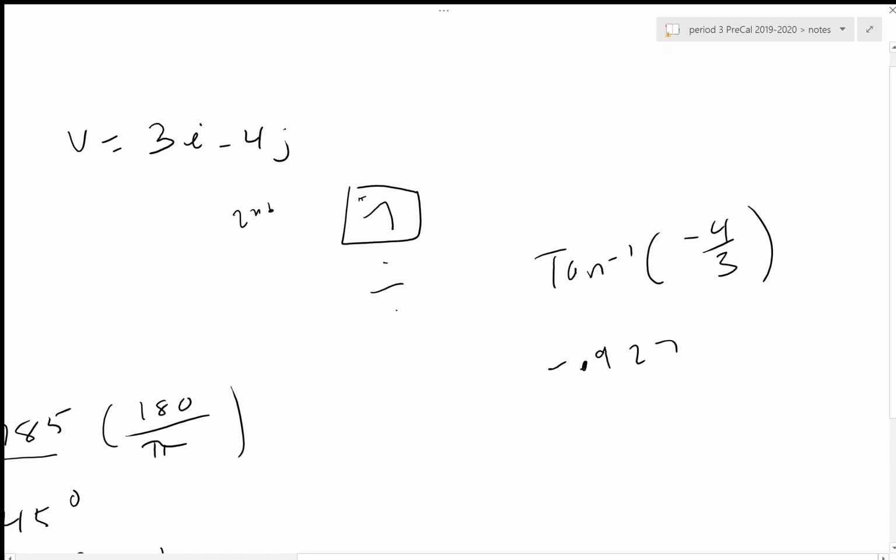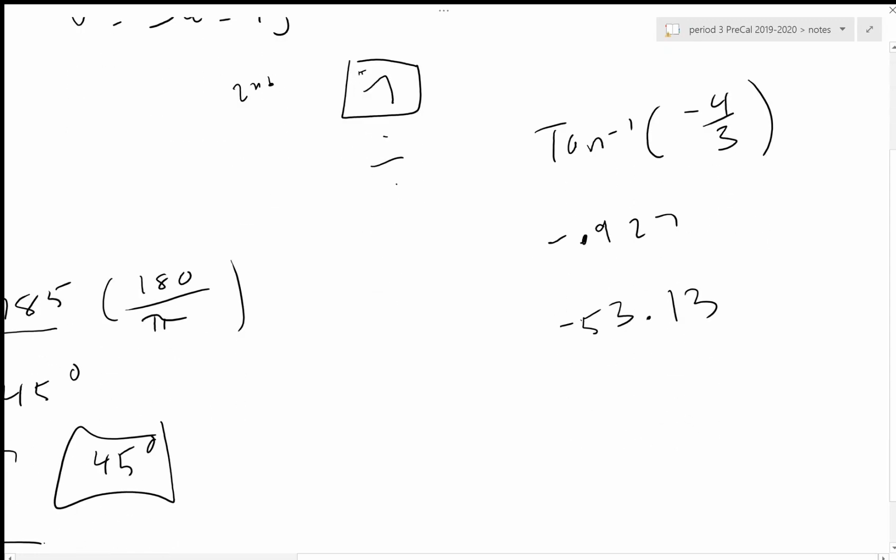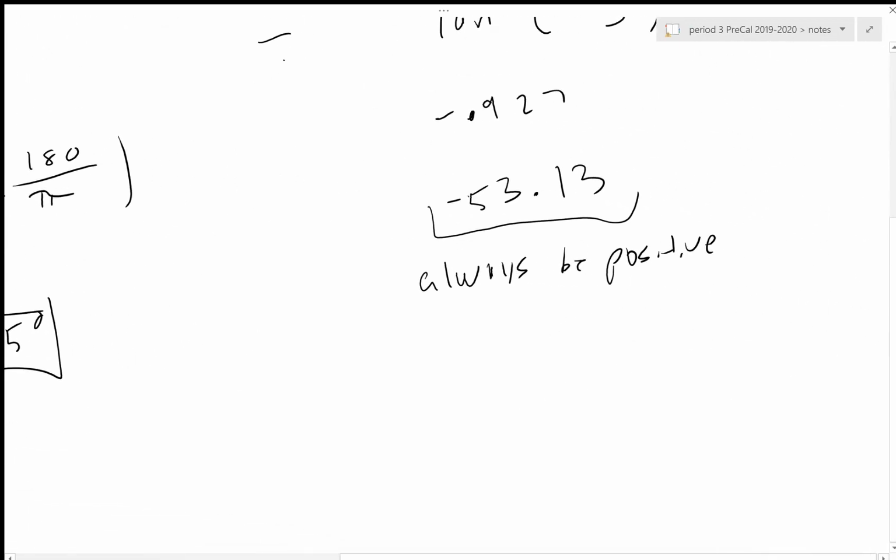Again, times that by 180, divide by pi, we get an angle of negative 53.13. Okay, we want this to always be positive. This one was already positive, great. So I want this to be positive, so I'm just going to take away the negative sign, or in your calculator, just multiply by -1.